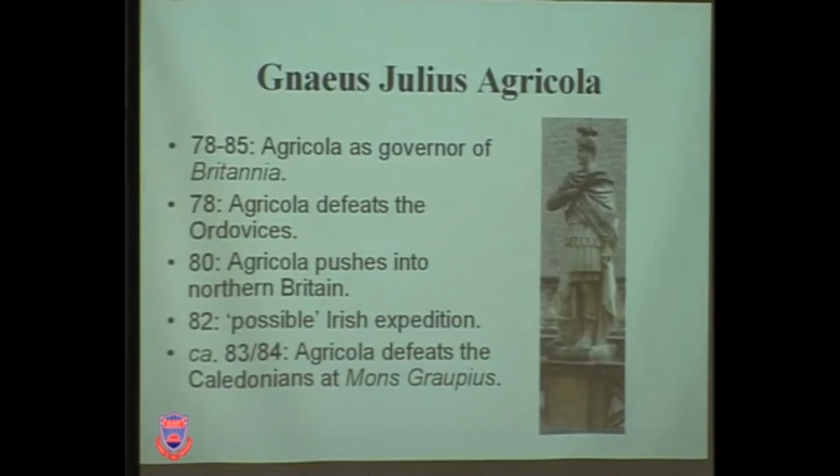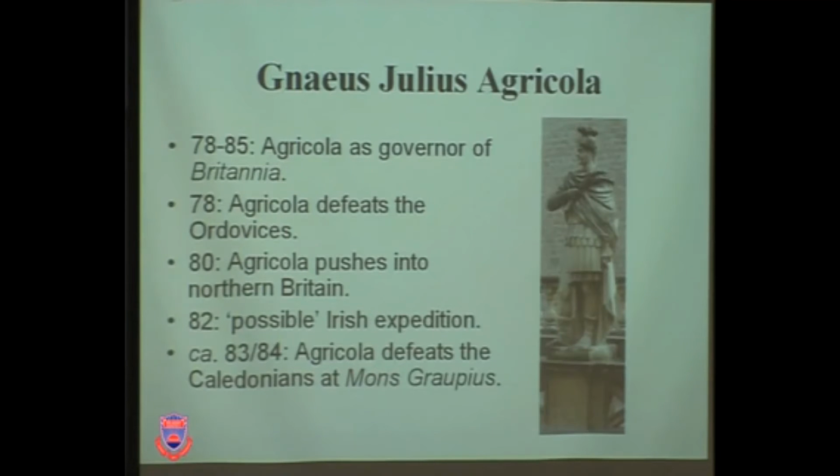An important development in Roman history in Britain during this time was the appointment of Gnaeus Julius Agricola as governor of the Roman province of Britannia, as it was called at that time.